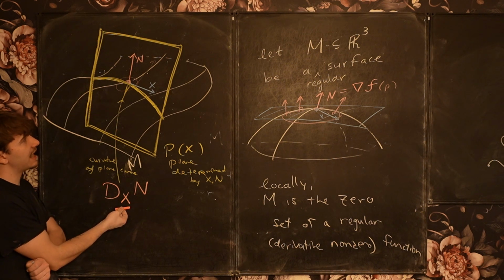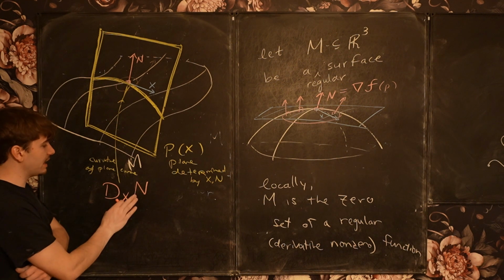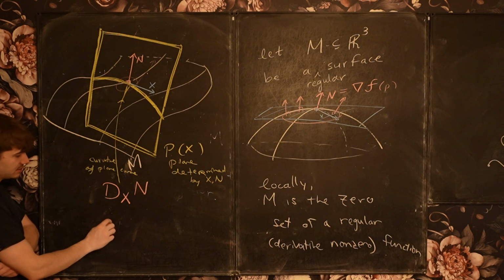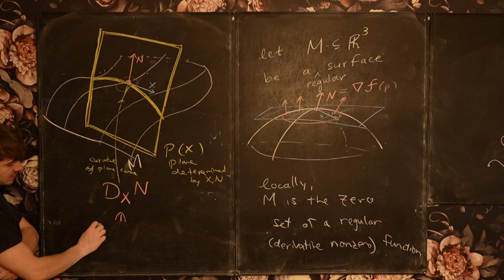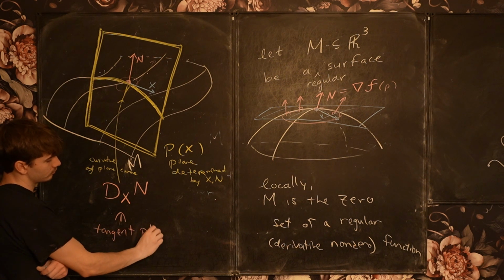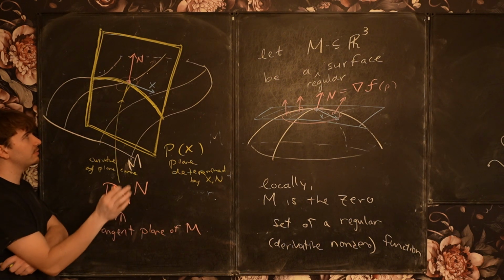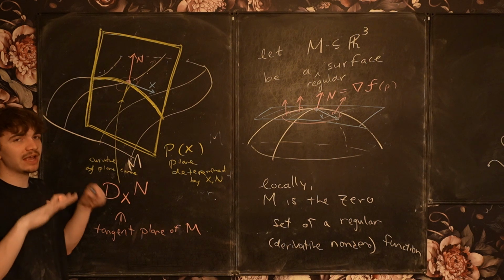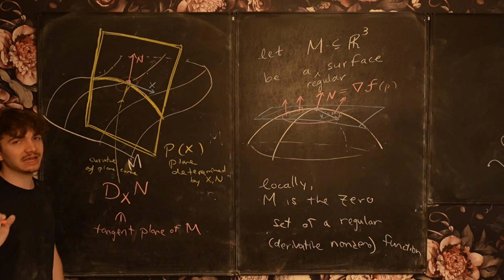And notice that this has to belong to the tangent plane of the surface. It might not be in the direction of x, because now we have more degrees of freedom, and we'll see this in detail in the final example that I give.